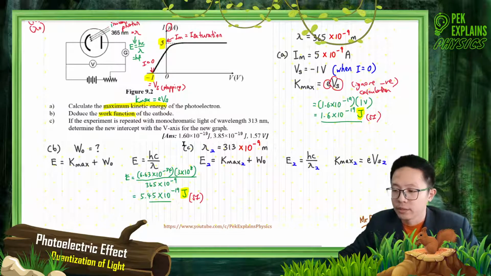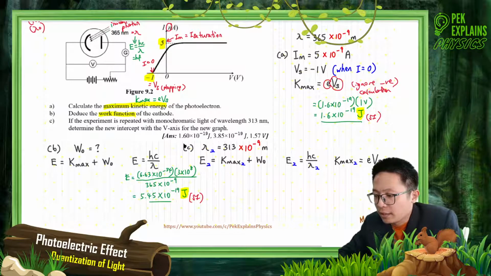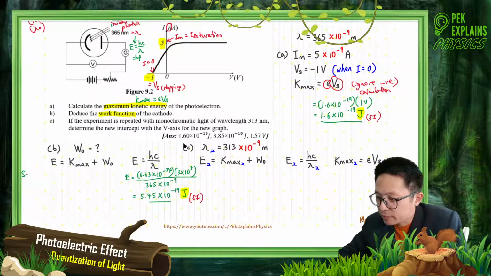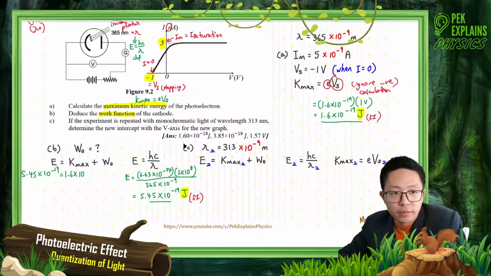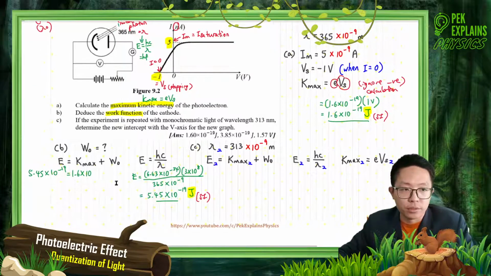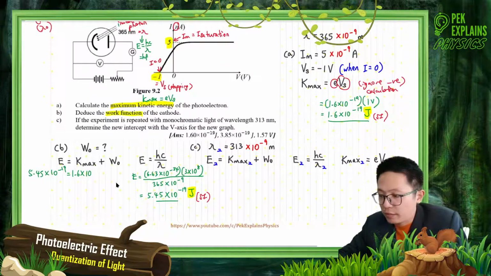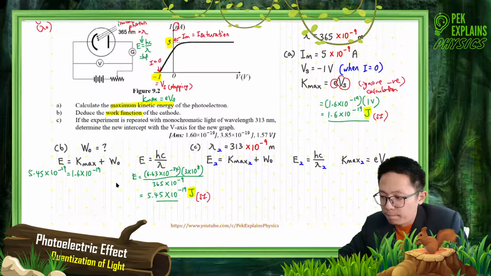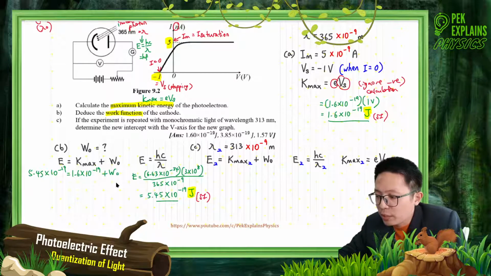All right, so let us substitute and see. The energy of incident photon is 5.45 exponent negative 19, equal to the K max, which is 1.6 exponent negative 19, plus the work function. So what is the work function?